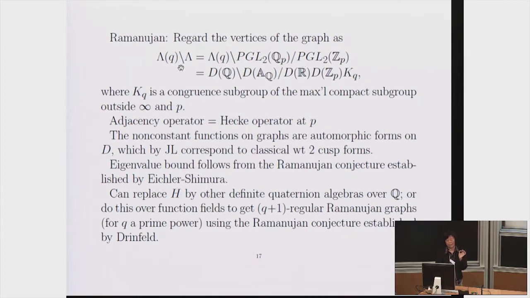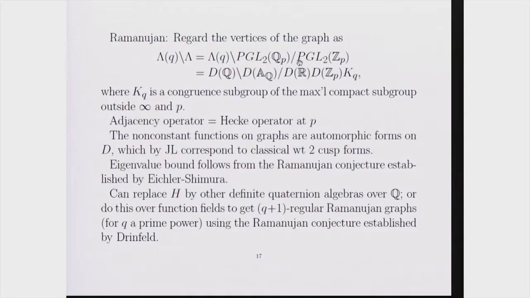So we can think of these vertices of the graph as representatives of some double cosets for PGL_2(Q_p). Because this group Lambda is coming from the Hamiltonian quaternions, one can use the strong approximation theorem to show that this double coset representative for PGL_2(Q_p) is also a double coset representative for adelic points on the quaternion group, of this Hamiltonian quaternion group.